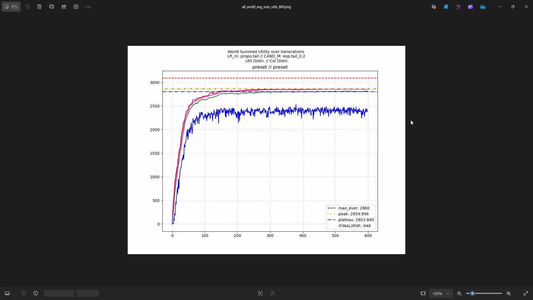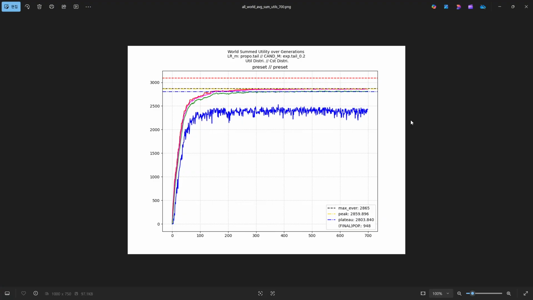So it took me about 700 generations to do this, which usually takes somewhat longer than when using dynamic population or varying population change.